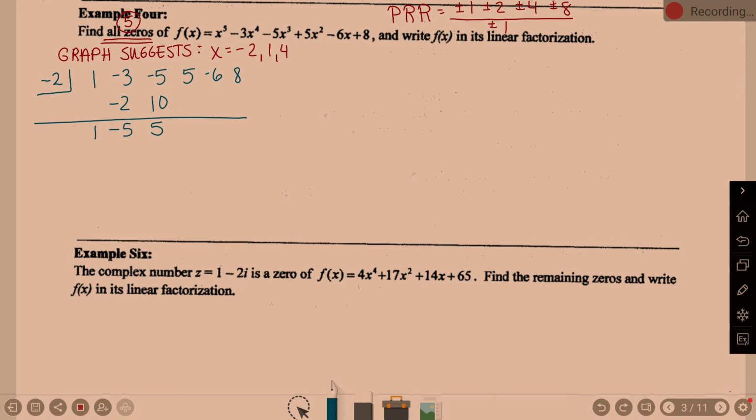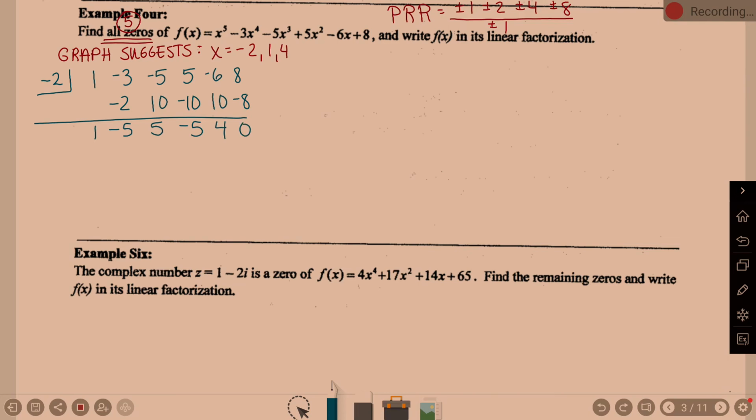Multiply, -2 times 5, -10. Add, 5 and -10 is -5. Multiply, -2 times -5 is 10. Add, -6 plus 10 is 4. Multiply, -2 times 4 is -8. And add, and we get 0.